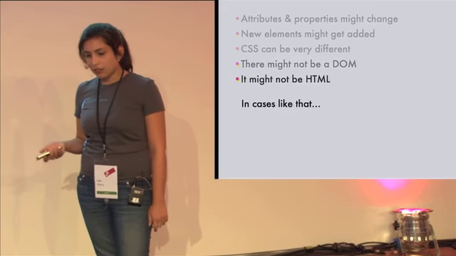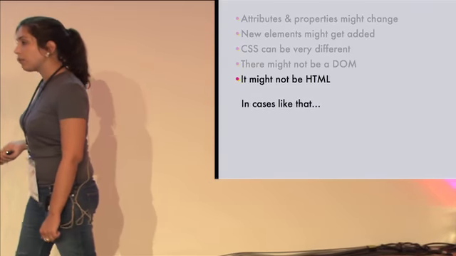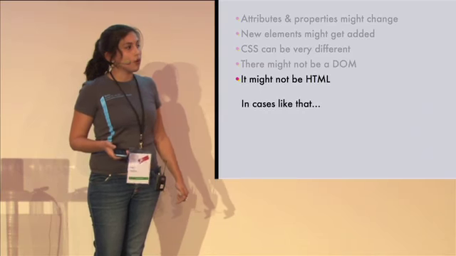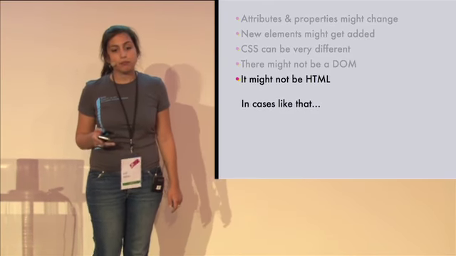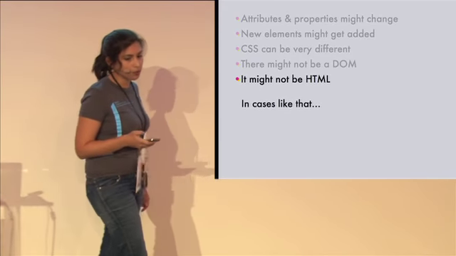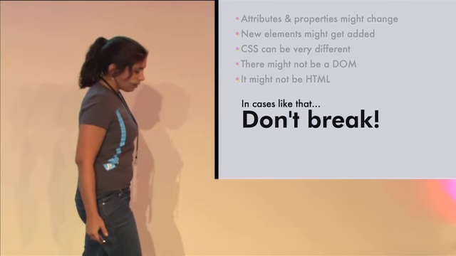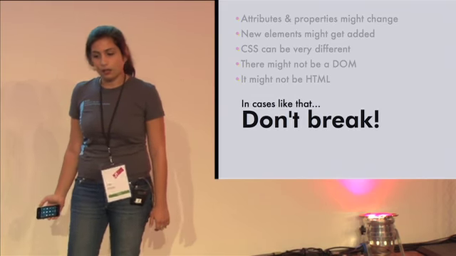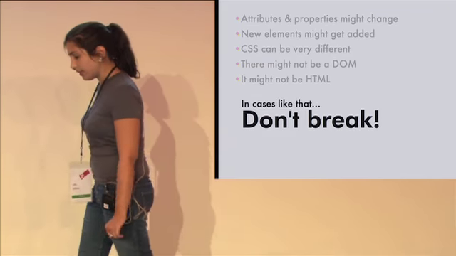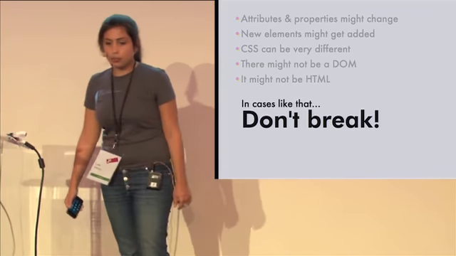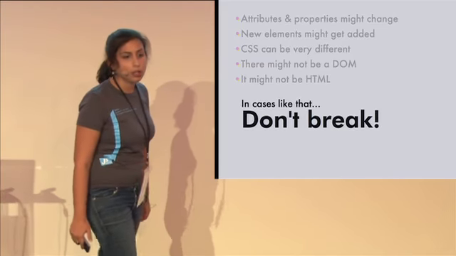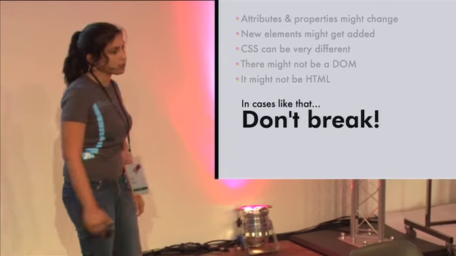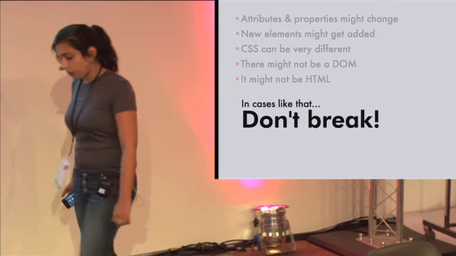And also, you shouldn't even depend on HTML. It might not be HTML. Your polyfill might need to run in an SVG document or in an XML document, and it should still not break. Of course, some of these are edge cases, and maybe you want to make the decision not to support them because it will make your code base huge and you will fall into the trap I fell into with the progress element, with the progress polyfill.